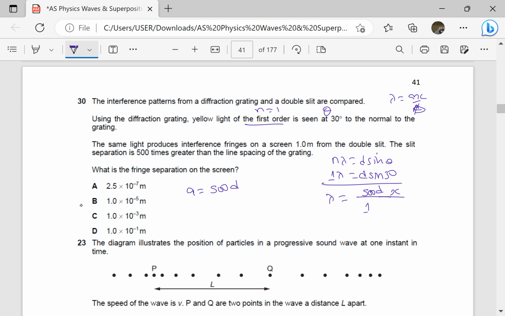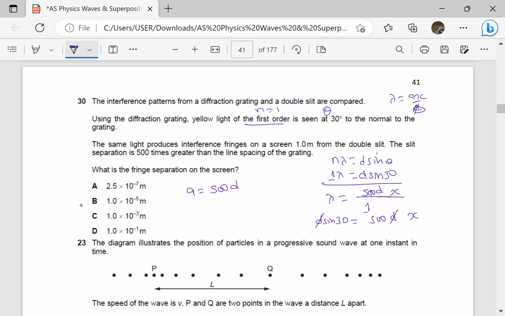So we want the fringe separation on the screen. So I'm just going to combine these two equations. So where there is lambda, I will put there d sine 30. So I'll say d sine 30 is equal to 500 times d over 1 meter, then times x. 1 meter is going to be useless. So d cancels. Sine 30 is a half.